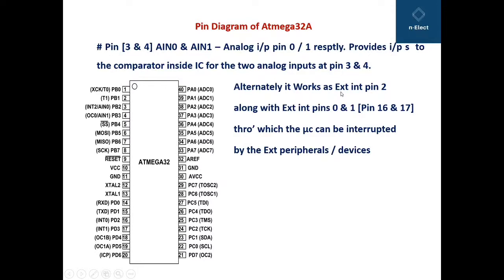Alternately, it works as external interrupt pin 2 along with external interrupt pins 0 and 1, as you can see in pin number 16 and pin number 17. So this is the interrupt 0 pin and interrupt 1 pin, and interrupt 2 pin is here at pin number 3, through which the microcontroller can be interrupted by the external peripherals or devices.